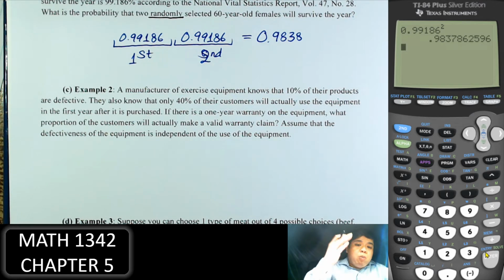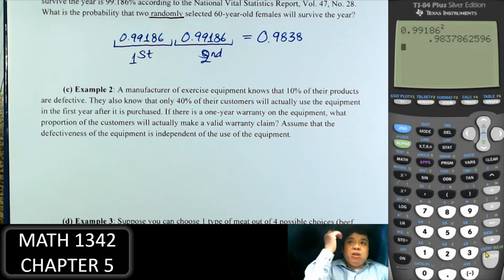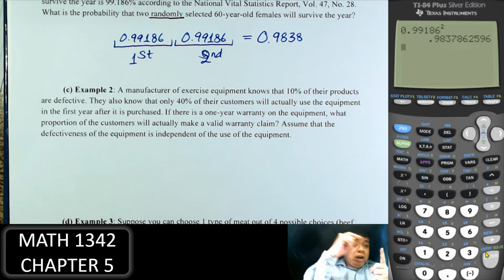If you buy it and use it in the second year, you cannot claim it, right? So the only percent of the population that can actually claim it is, number one, those who bought defective equipment, and number two, those who actually use it in the first year. Those two have to happen.